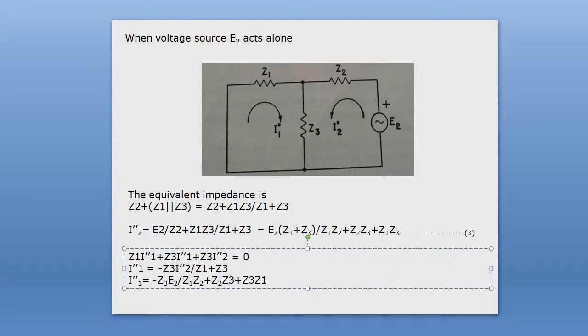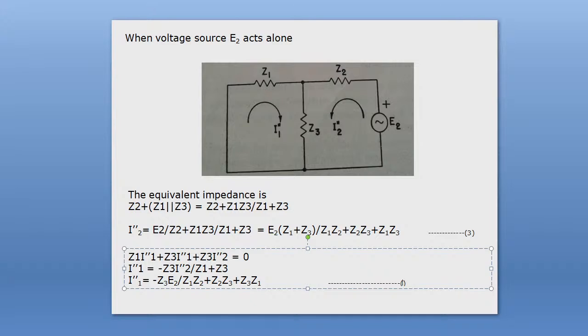You can verify this thing. If you consider the mesh equation for the original circuit when two sources are present, apply mesh equation or KVL and solve those equations, you will get the expression of I1 and I2.